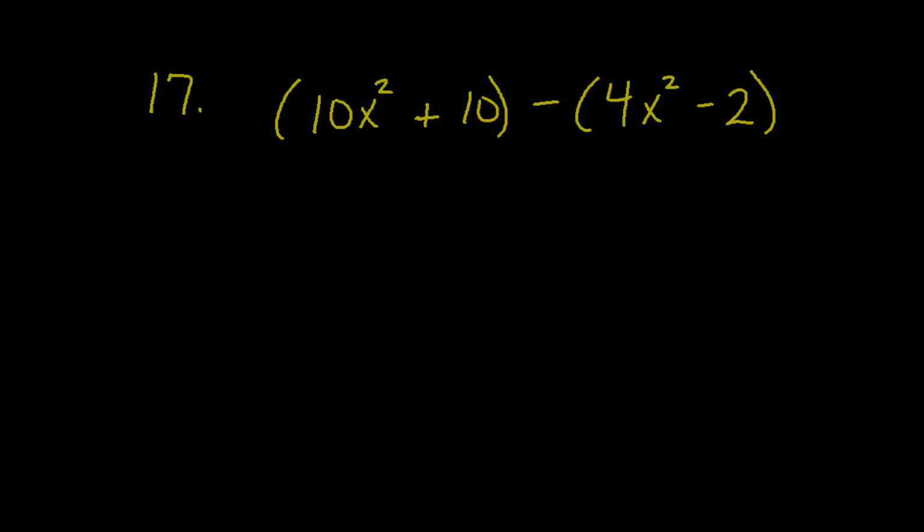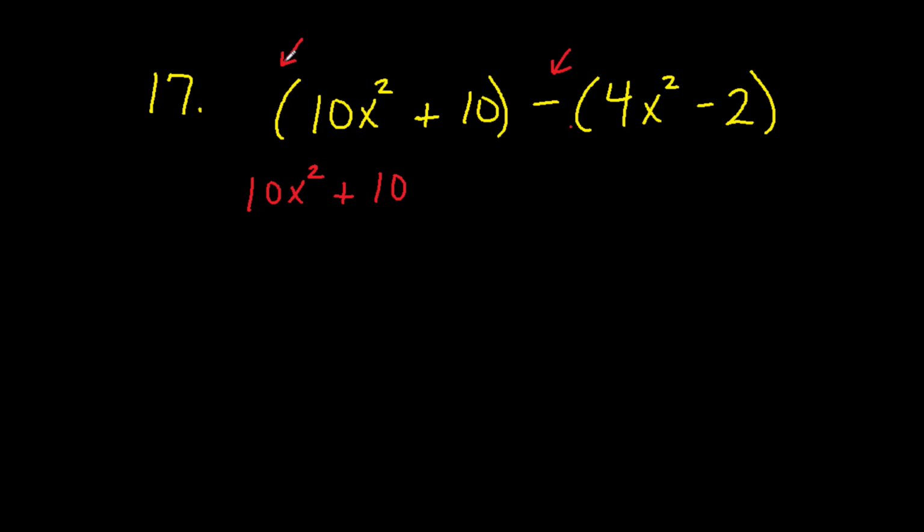For problem 17, they are wanting us to subtract these two polynomials. Recall that when there's a positive in front and no number being multiplied here, we can drop the first set of parentheses, but the second set, since there's a minus in front, we cannot drop them without applying that minus.